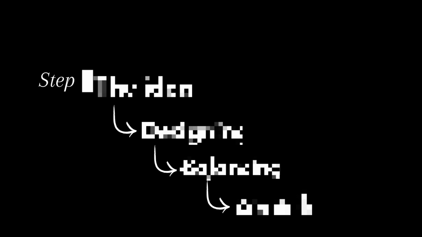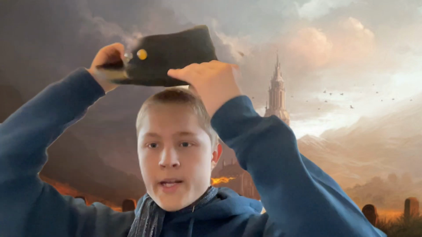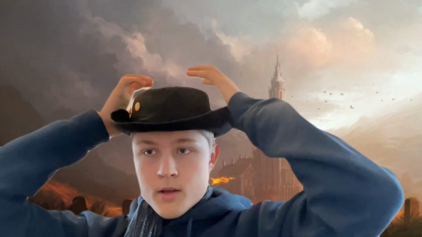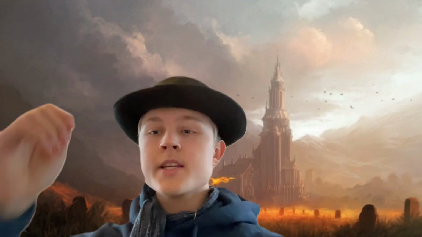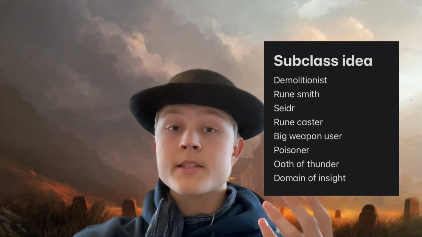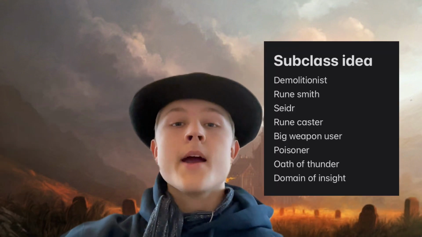Step 1 of 4, the idea. So now it's finally time to put the homebrew hat on. As you can see here, these are some of the ideas that I got for a subclass to create, and I ended up going with the insight domain cleric, which the fantasy of this cleric would be basically being a seer and being able to see the future and see the present and see the past.